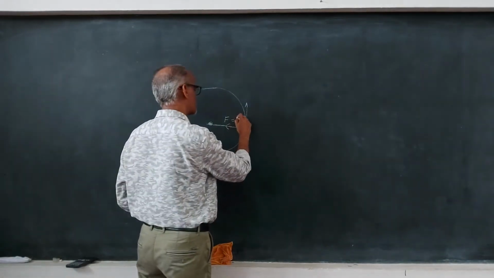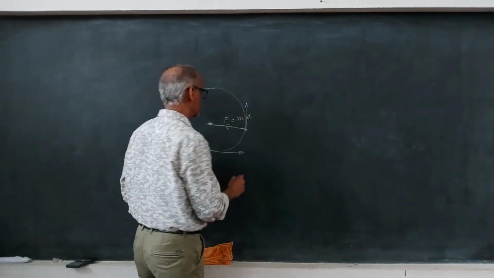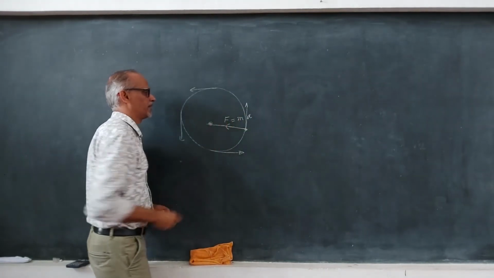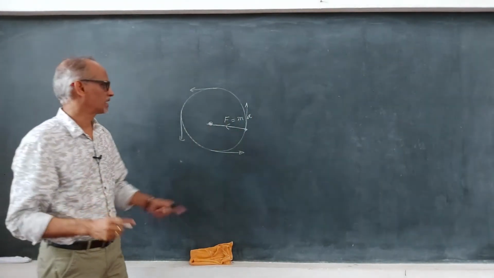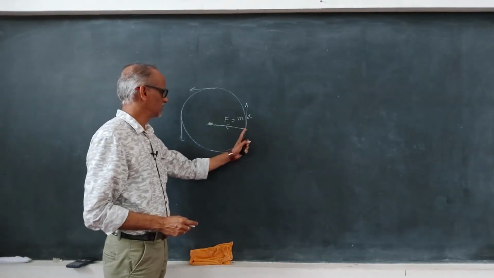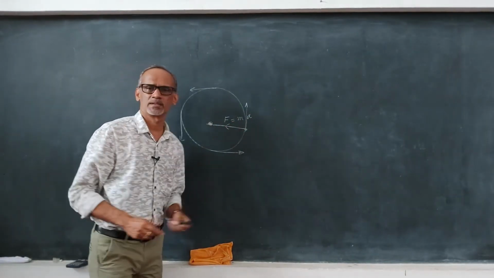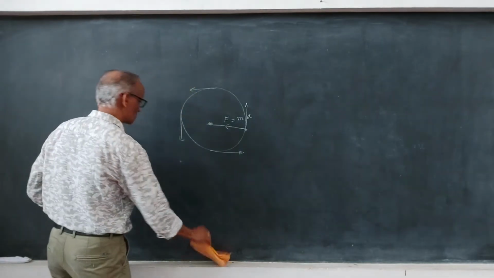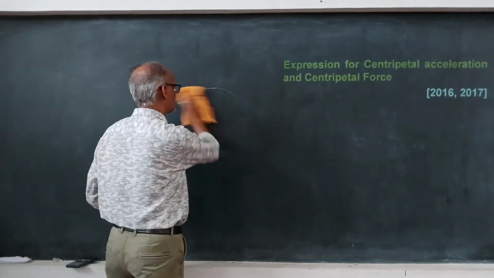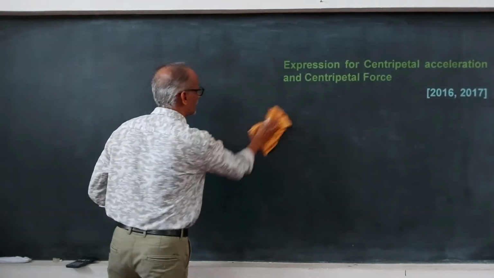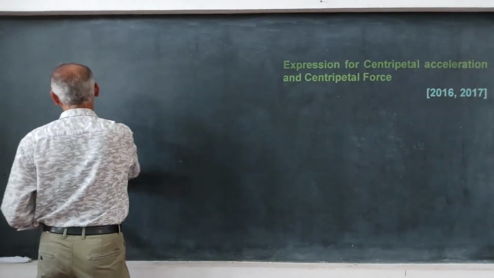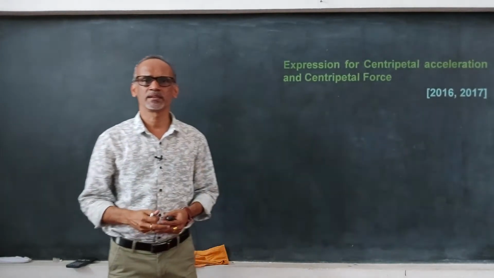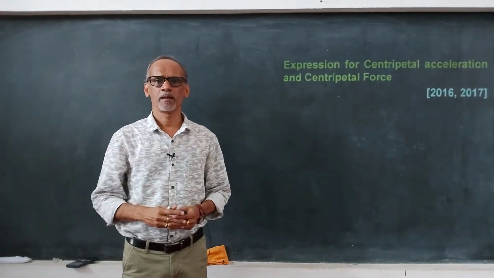The corresponding acceleration is called the centripetal acceleration, given by F is equal to m into a, where m is the mass of the body and a is the centripetal acceleration. What is the direction of that centripetal acceleration? It is still along the radius towards the center of the circular path. So, in today's topic, we are going to derive an expression for centripetal acceleration, and once you get the acceleration, you can very easily find the expression for centripetal force by multiplying by mass.